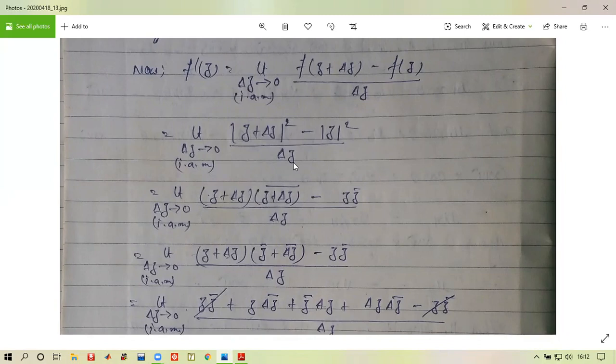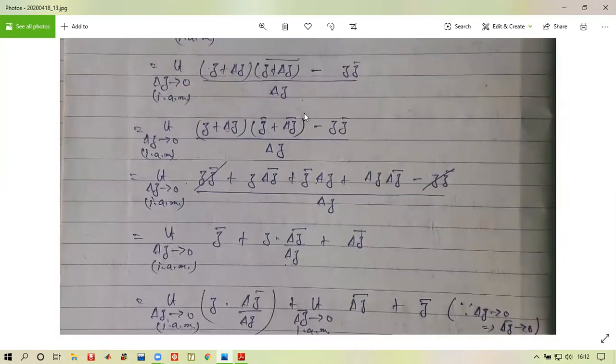And we know that mod z square is nothing but z z bar. Therefore, we can write mod z plus delta z whole square is z plus delta z into z bar plus delta z bar. Similarly, we can write mod z square equals z z bar.